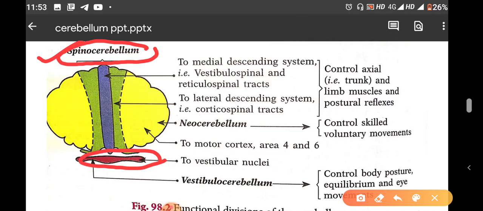From there, the fibers go to the muscles. This part receives the proprioceptive inputs from the spinal cord and is concerned with control of axial, that is trunk, and limb muscles and postural reflexes.